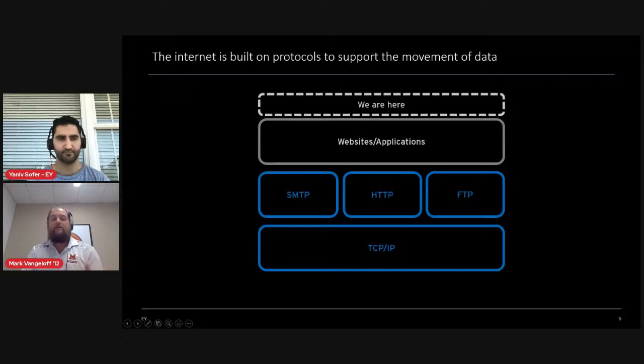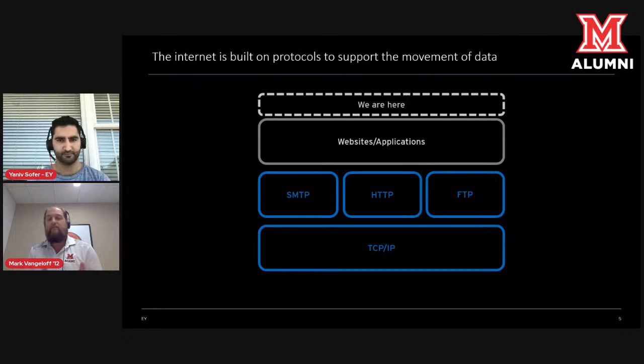So thinking about protocols and infrastructure from the perspective of the internet, protocols basically define the rules in which data is communicated from point A to point B. These protocols provide the instructions that bits of data need to follow in order to be communicated from point A to point B, like over the internet.